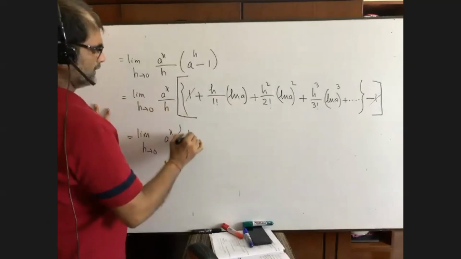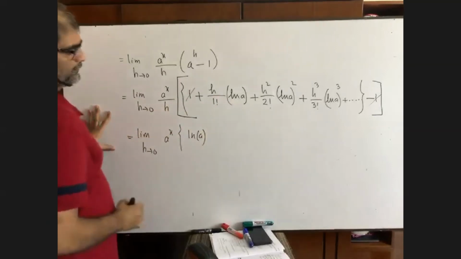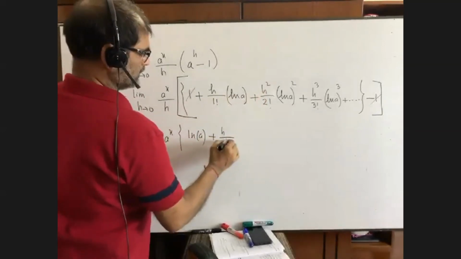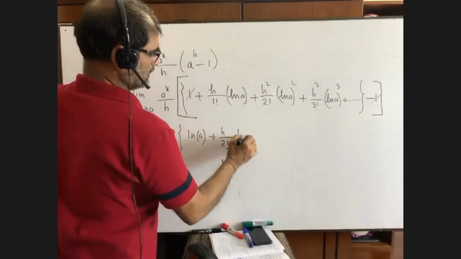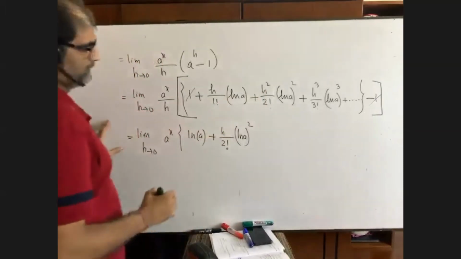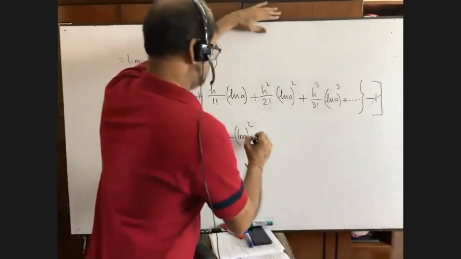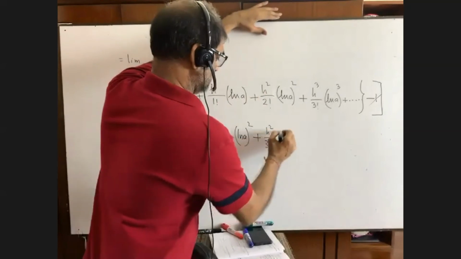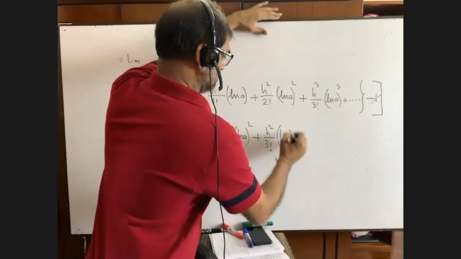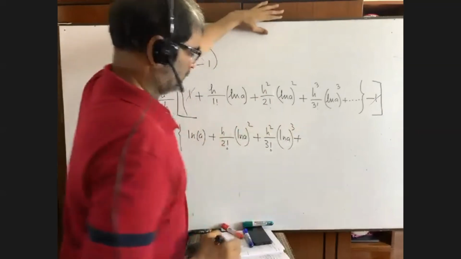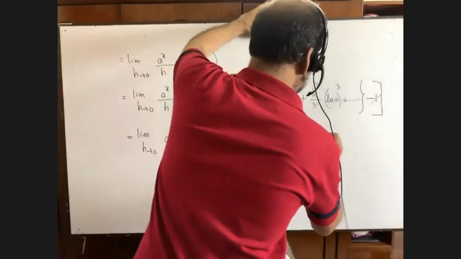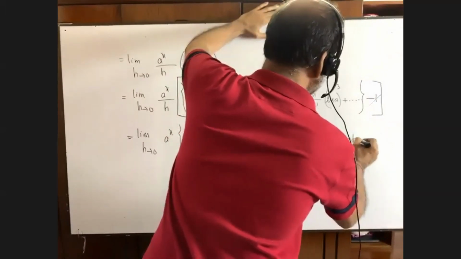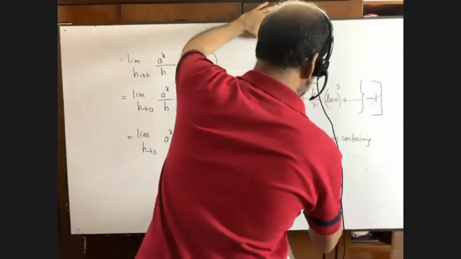It is only ln a, plus h by 2 factorial ln a whole square, plus h square by 3 factorial ln a whole cube, plus dot dot dot, terms containing higher powers of h.